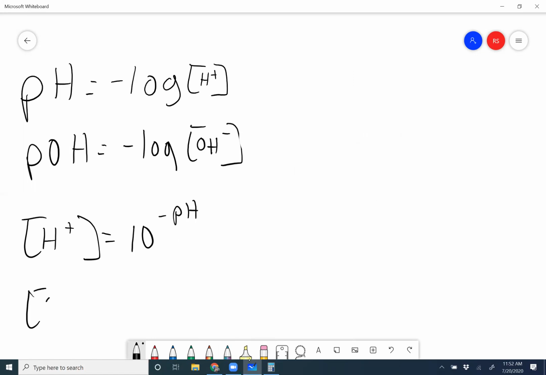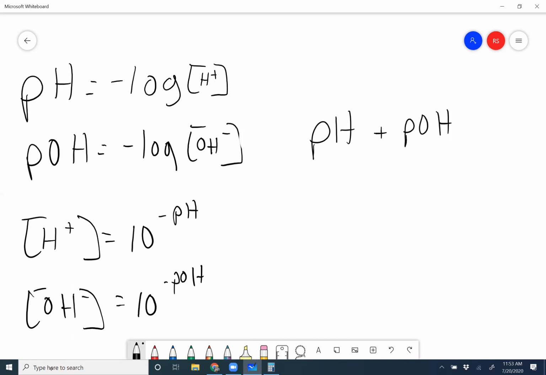And the concentration of hydroxide will be 10 to the negative pOH. But let's say you just have pH, but they're interested in the hydroxide concentration, then the pH plus the pOH equals 14.